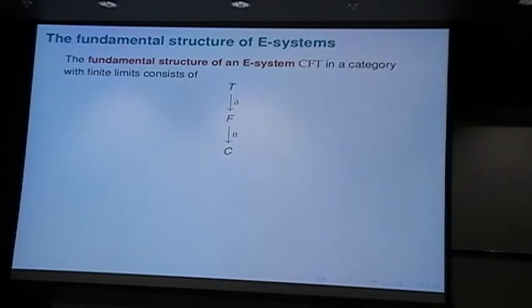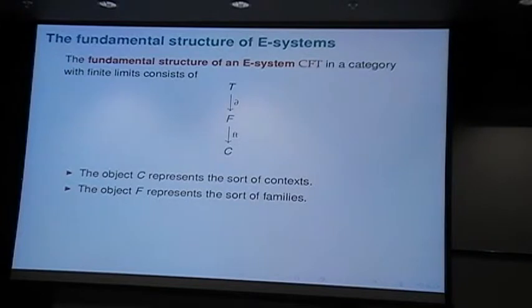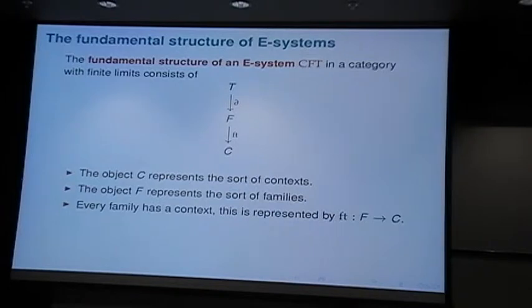Okay, so how do you implement this in a category with finite limits? You take three objects: one object C for the sort of contexts, a second object F for the sort of families. But every family has to have a context, so you have a map, which Van Meer always calls FT, so I will use this name too.